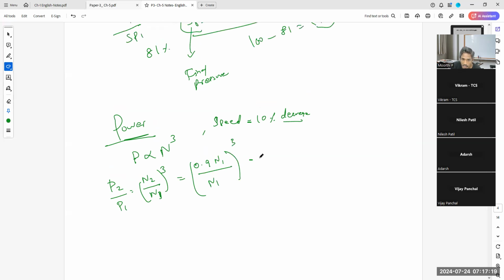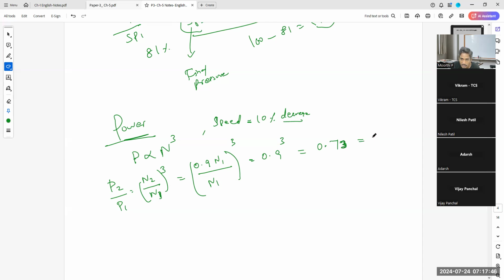N1 cancels. So 0.9 cube. What is the value? You always have to use the formula quickly. What is the value? 0.729. Almost 0.73. Understand?